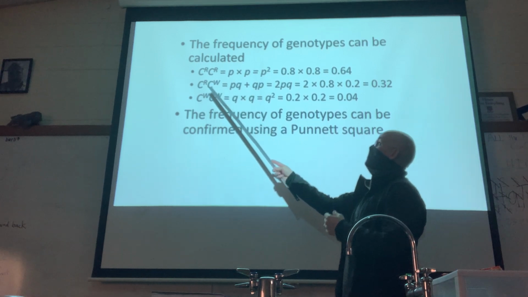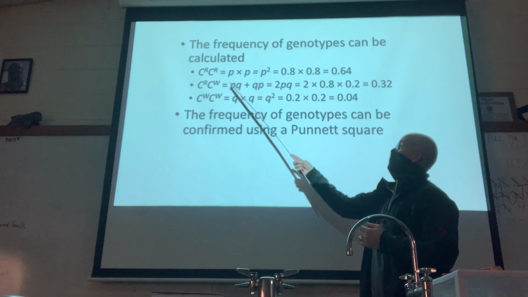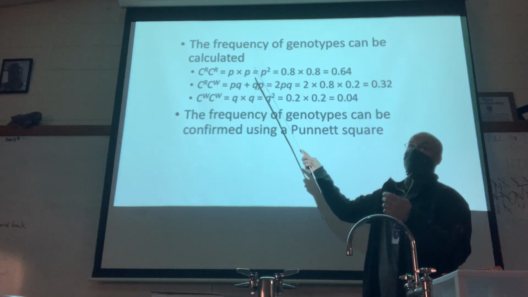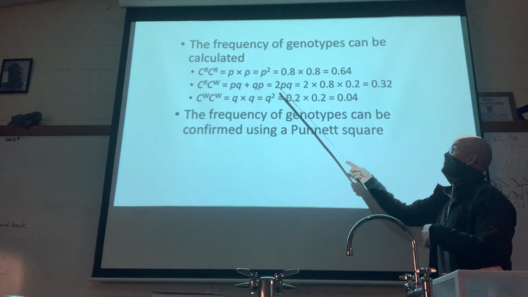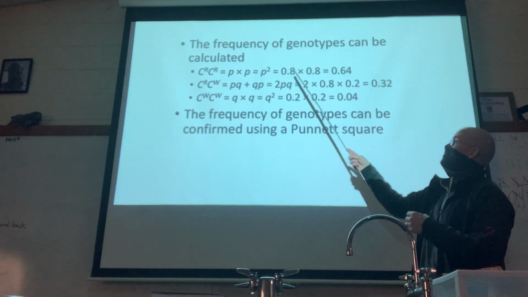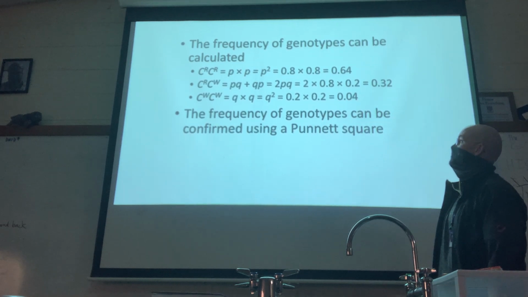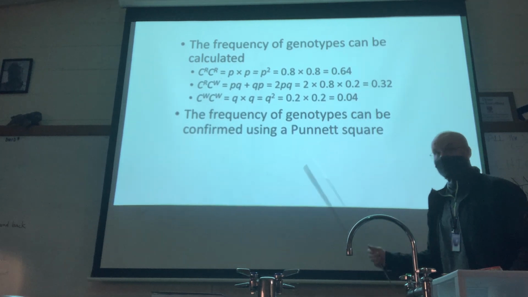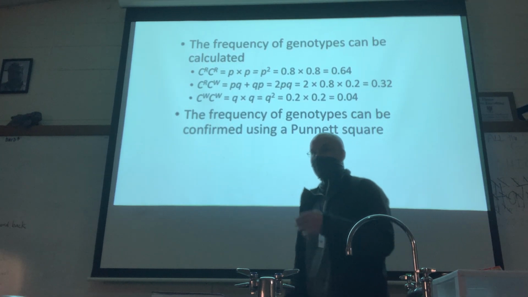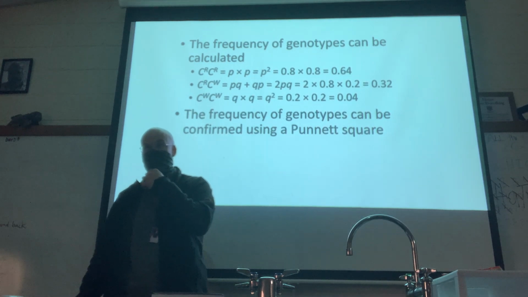It's a little bit weird for the heterozygotes because you can get a red and a white, or a white and then a red. So the value is calculated using 2pq, which in this case is 32%. So this is what we would expect to see next generation if the gene pool is 80-20 red genes to white genes.